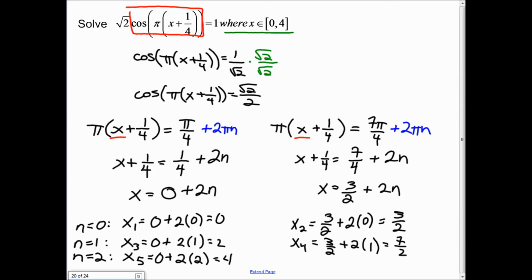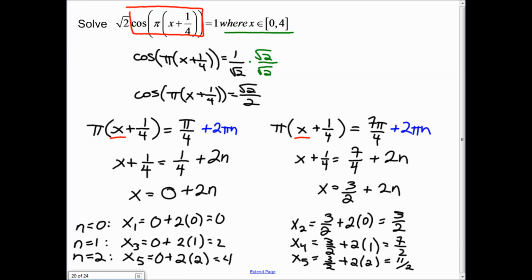But when we move on to the one coming from the second equation, we will do 3 over 2 plus 2 times 2, which is 3 over 2 plus 4, which is equal to 11 over 2. Now 11 over 2 is 5.5, and 5.5 falls outside the range of 0 to 4, and so it's not acceptable as a solution.